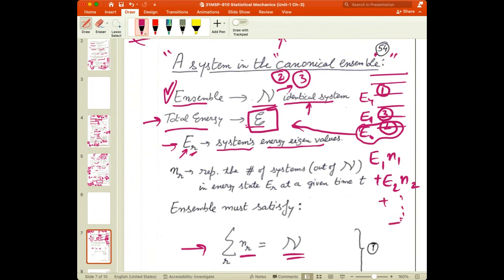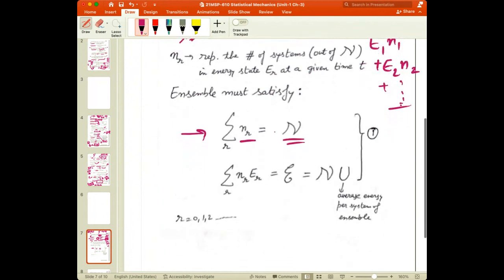This sum can go on, and this whole sum has to equal the total energy of all the systems. Although this E is not something physical, because this is just a consideration we are looking at. So this has to be respected. Both these conditions have to be respected all the time by this ensemble.